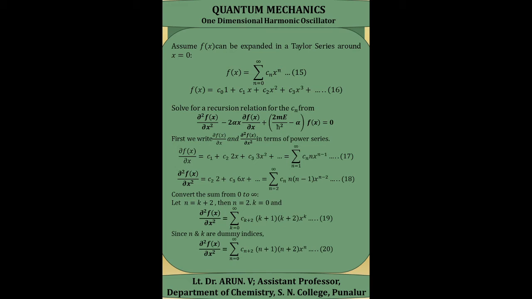So, assume f(x) can be expanded as a Taylor series around x equal to 0. It is f(x) equal to the summation of n equal to 0 to infinity c n x raised to n, or f(x) equal to c0 plus c1 x plus c2 x square plus c3 x cube plus etc.